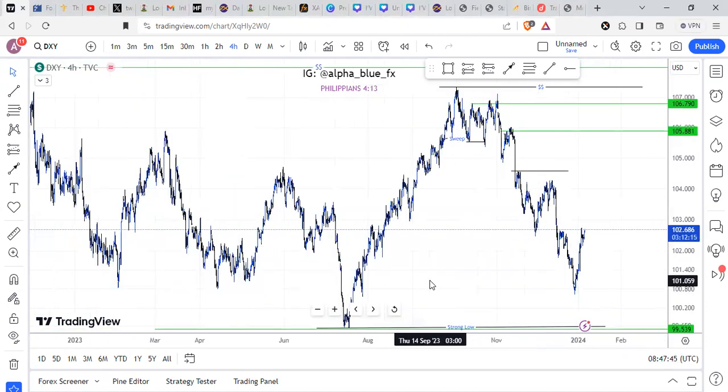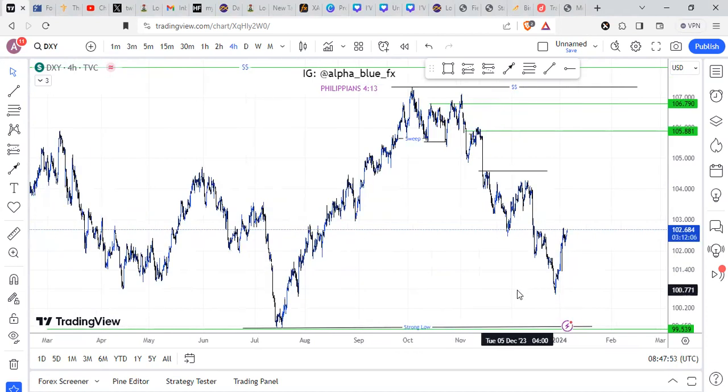So this is the first NFP for the year. And then usually whatever data is released is either going to be good for the dollar or bad for the dollar, depending on what the data is.